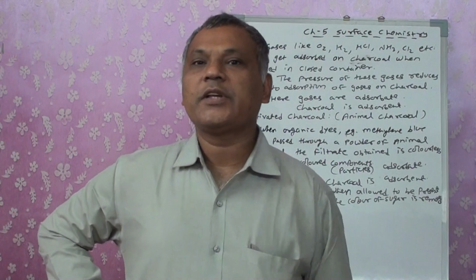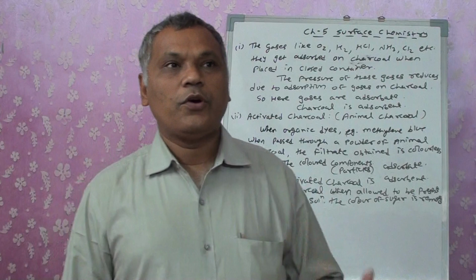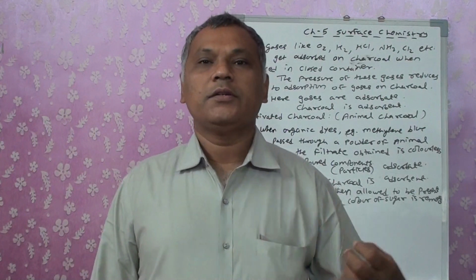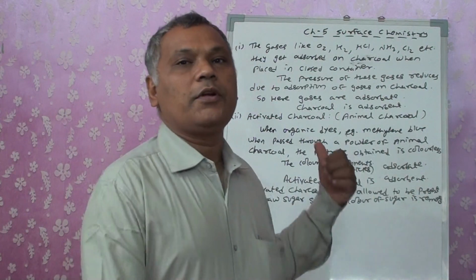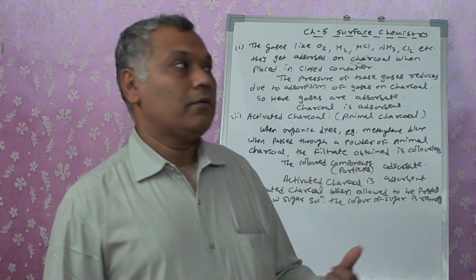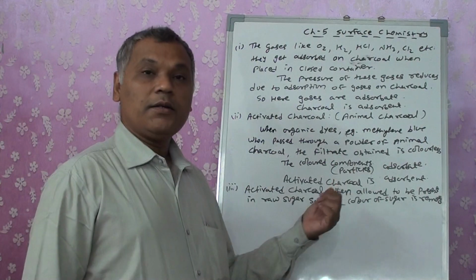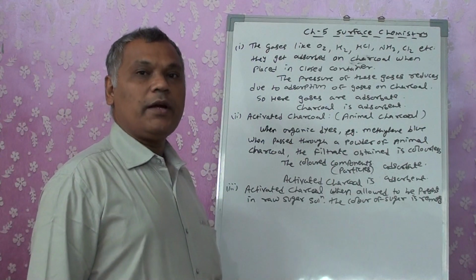Different types of processes have to be done, right? And during that process, to remove the color, one component is used, and that is the reason it is called a process of adsorption.